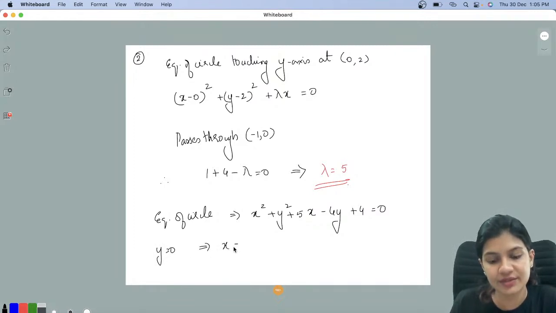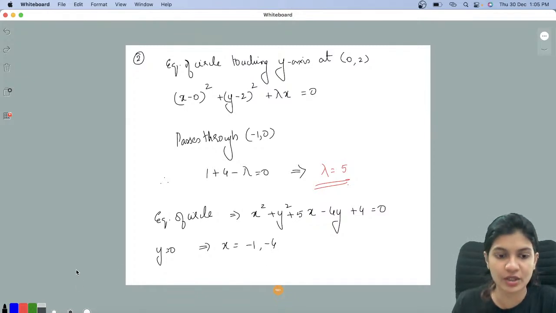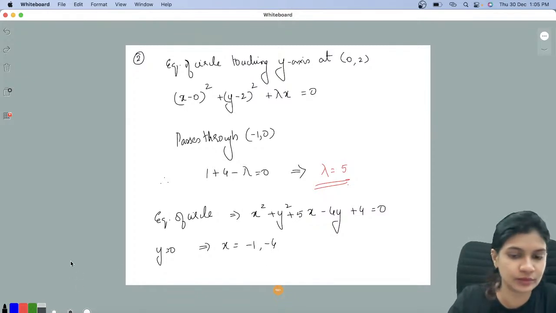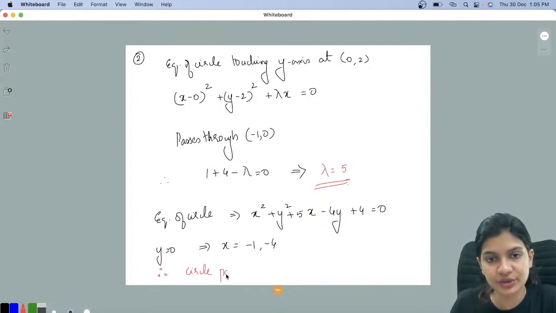We will get the x value to be either minus 1 or minus 4. Therefore, I can say that the circle passes through (minus 4, 0).